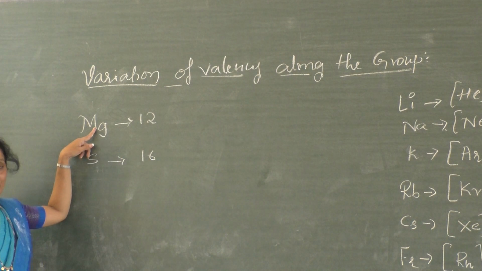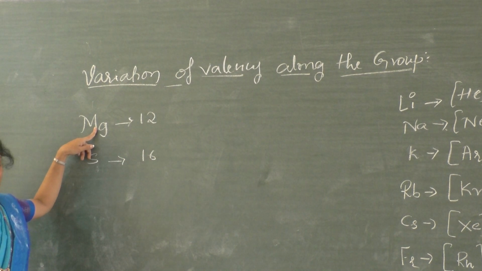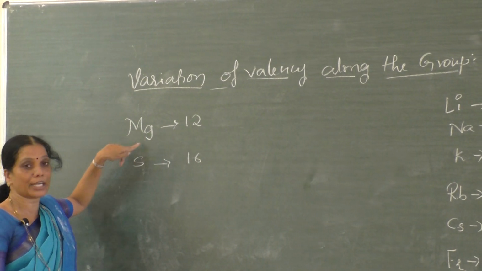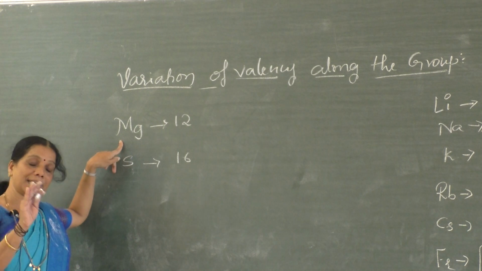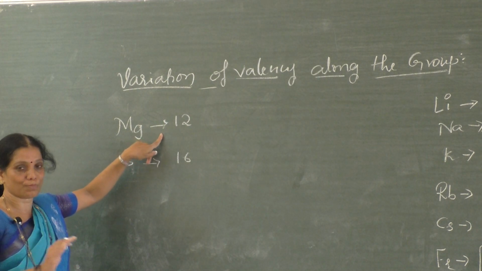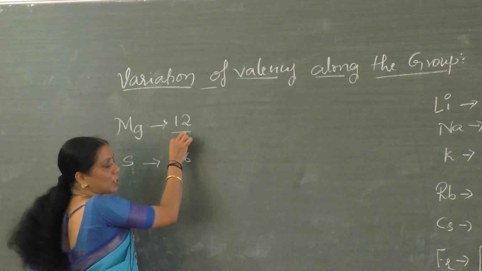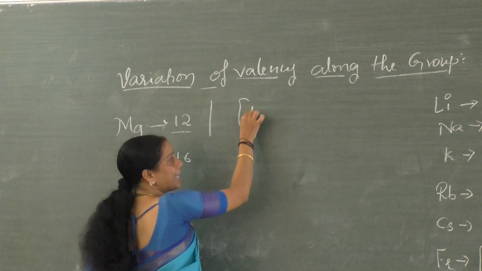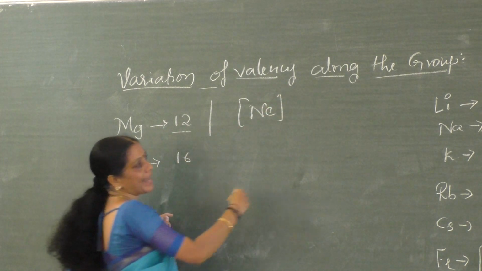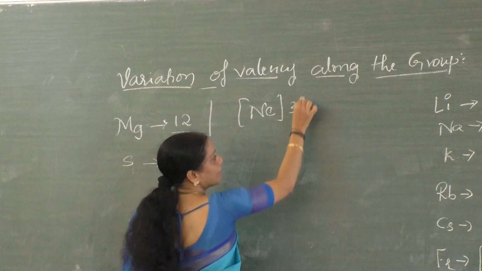If you consider magnesium, we have studied in the last session that magnesium belongs to the second group. Sorry, 12 is the atomic number. If I write the electronic configuration here, neon, 10 electrons, next electrons enter into 3s2.